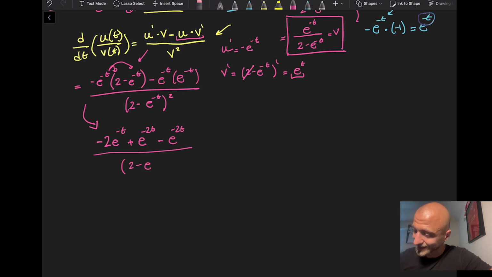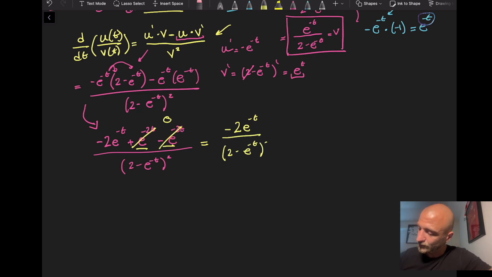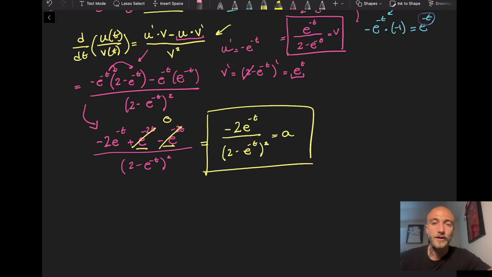I'm not going to do anything to the bottom because we don't need to. Those two terms are like saying 1 minus 1. The same term minus itself gives me 0. So the only thing I'm left with on the top is negative 2 times e to the negative t, over 2 minus e to the negative t, squared. And that is our expression for the acceleration. Part B, done.